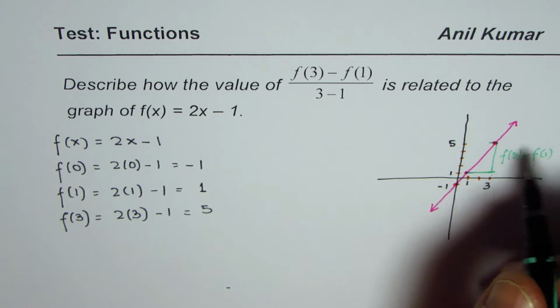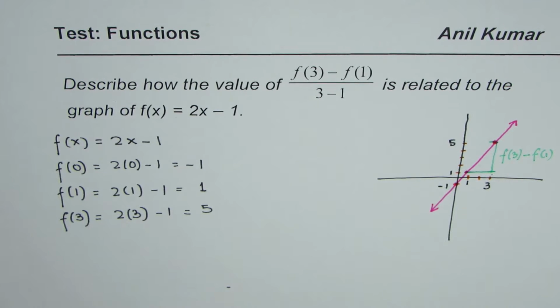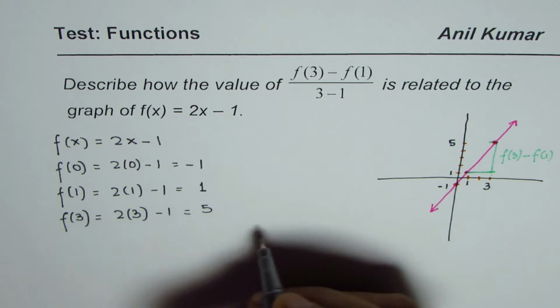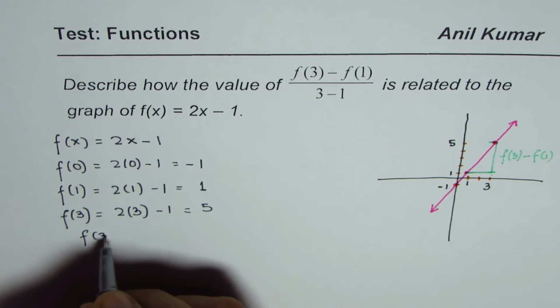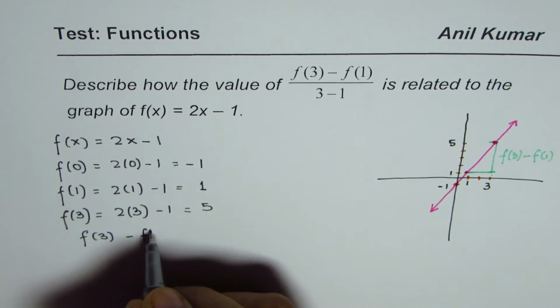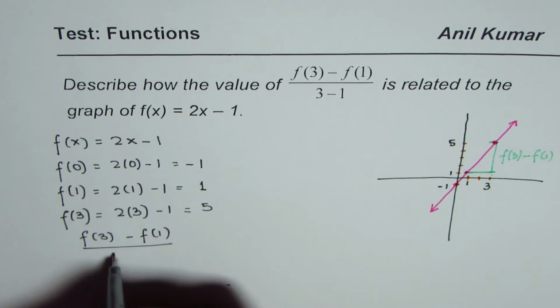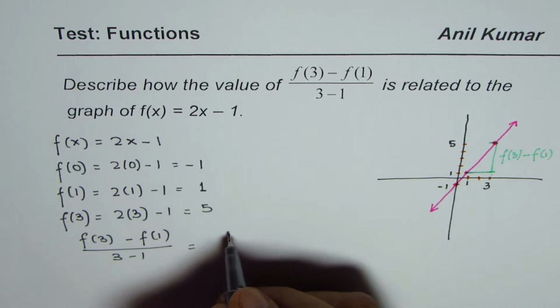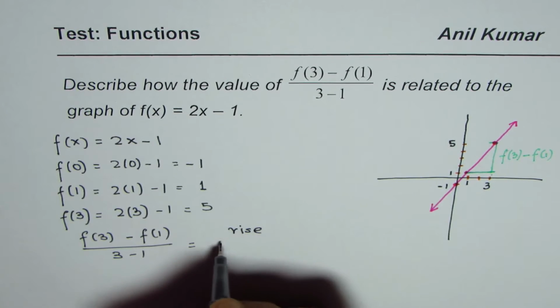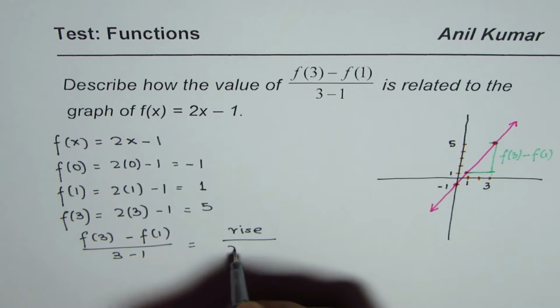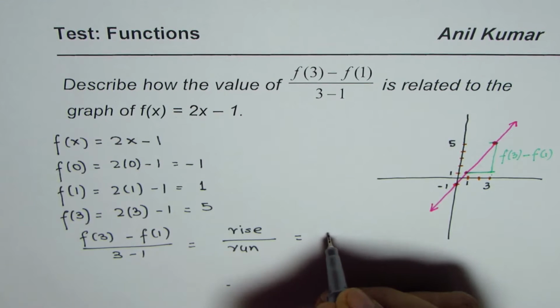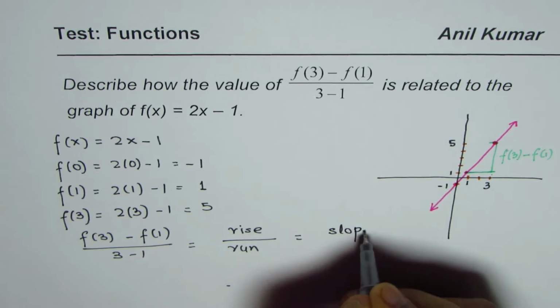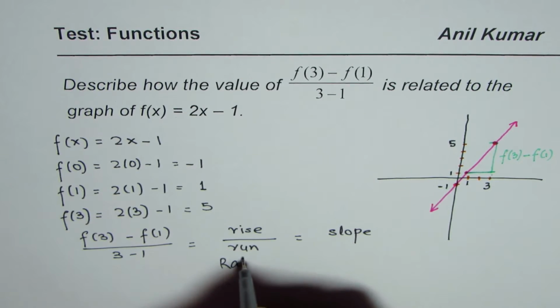So as you can see, (f(3) − f(1)) / (3 − 1) is this rise, do you see the rise? And that is the run. So you can say this is the slope, or we can say it is the rate of change.